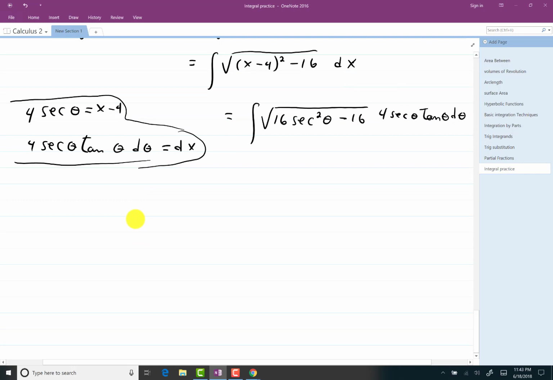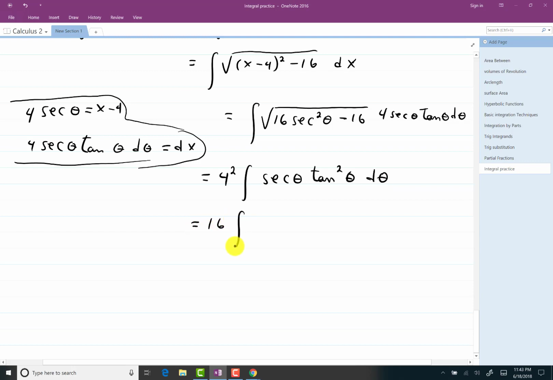I'll pull the 4 out front. If I take the 16 out of there, that's another 4, so this will take 4 squared. I'll get a 4 from this piece and a 4 from that. Secant squared theta minus 1 is tangent squared theta. So all of that will come down to secant theta tangent squared theta d theta.